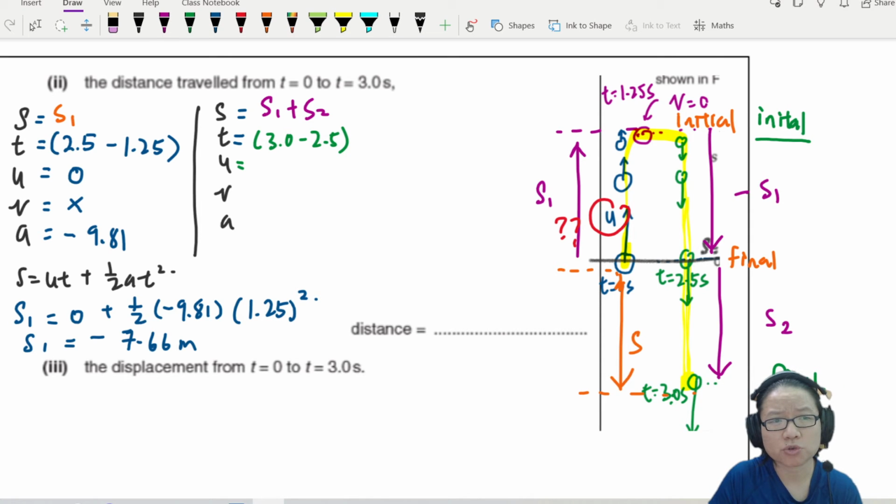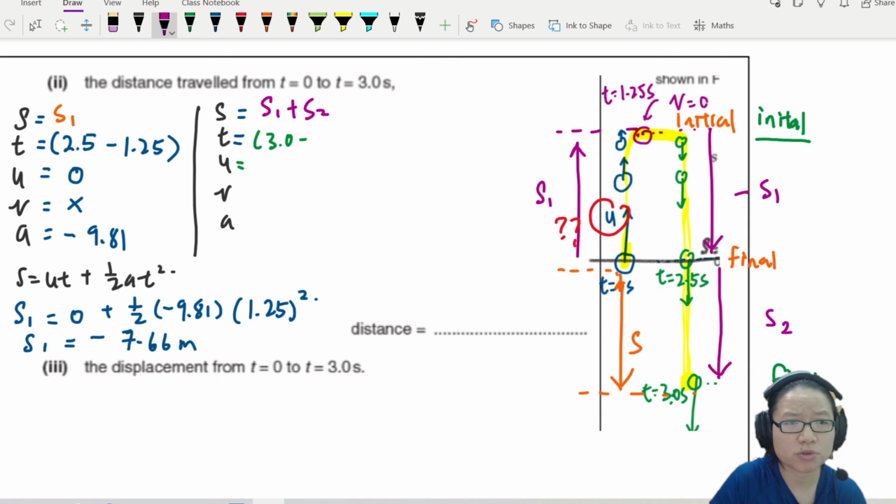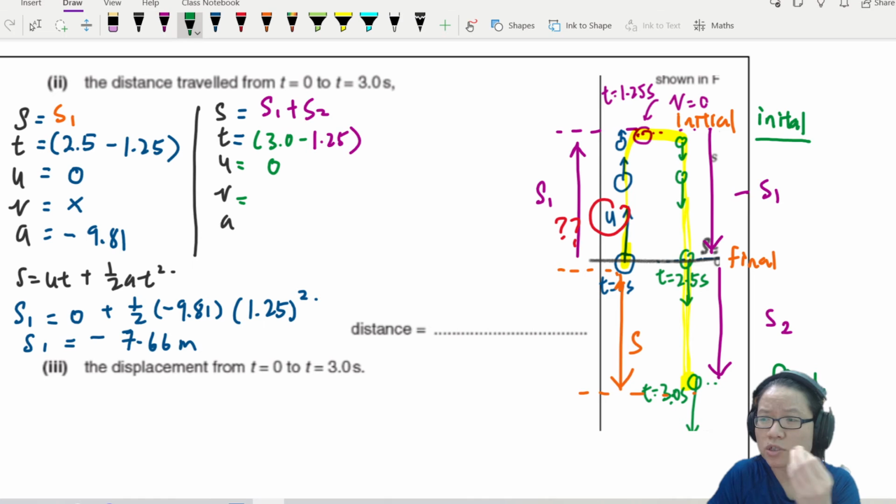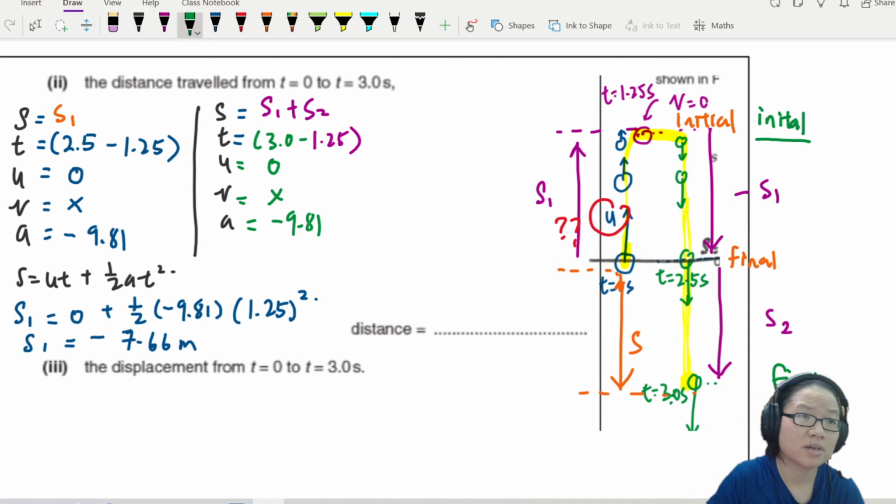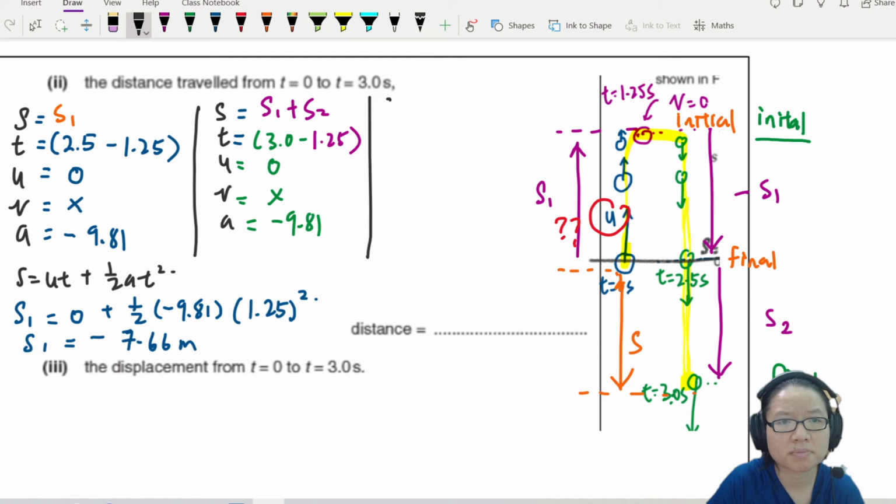So this one won't be 3.0 minus 2.5. It'll be 3.0 minus 1.25. And the u is 0 because I love u equal to 0 so much, it will help me solve my question. I don't have v. This is negative 9.81. So because of this, I'm going to still use the same equation.